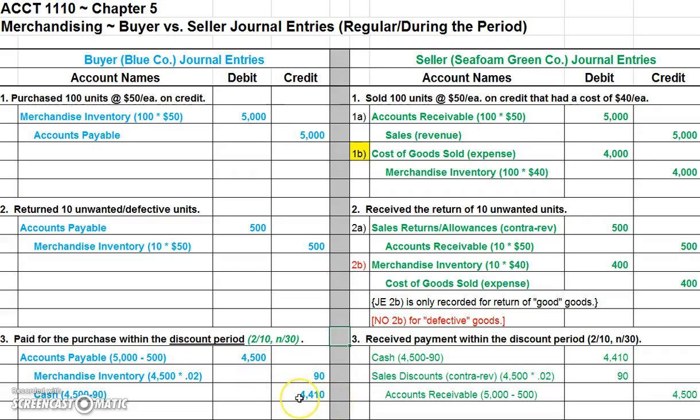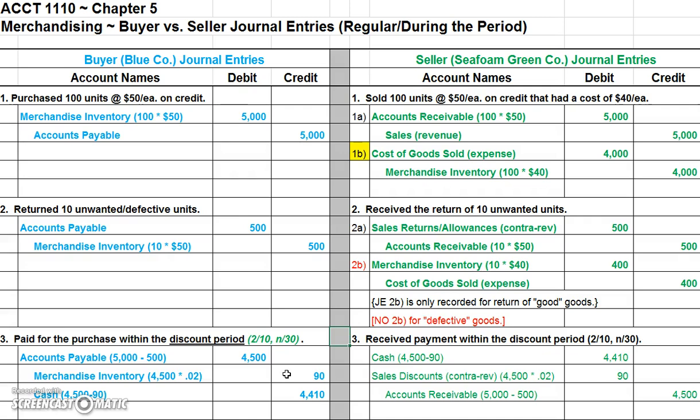Now we have a journal entry that doesn't balance, so we need a $90 credit to balance the journal entry. What account name is that credit for $90? It is merchandise inventory, and we are reducing the merchandise inventory not because of a physical return of goods like we did in journal entry number 2 above, but because the inventory did not cost us that $90.